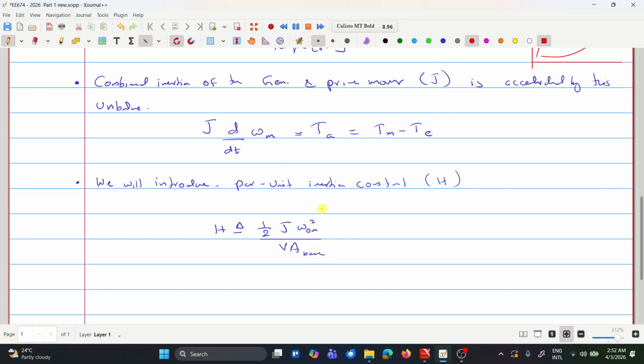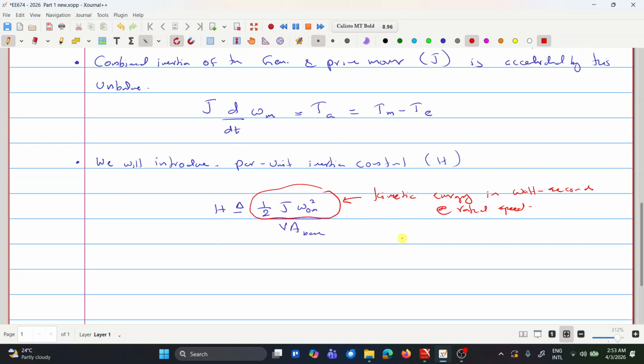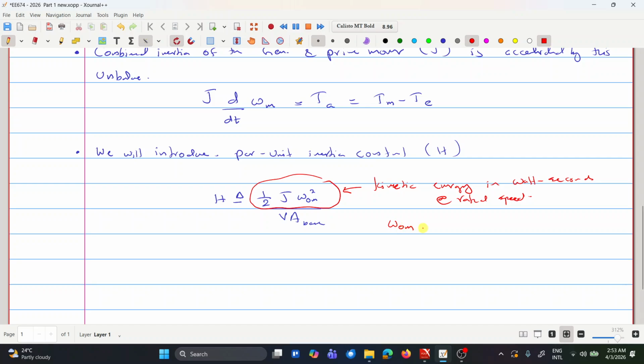This half J omega 0m squared is the kinetic energy in watt seconds at the rated speed, and omega 0m is the rated angular velocity.